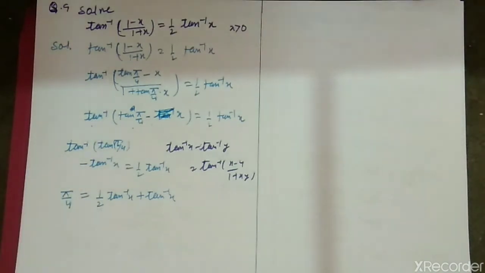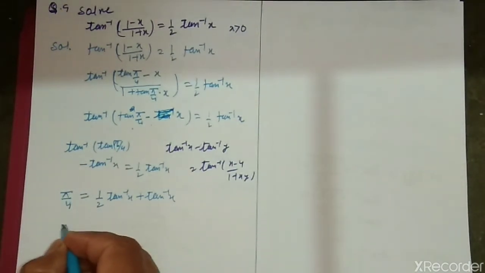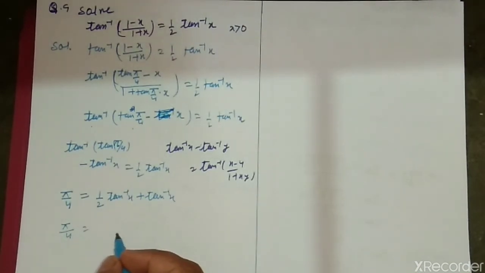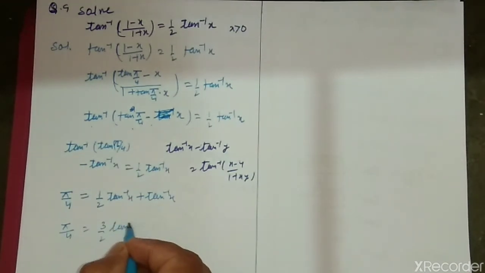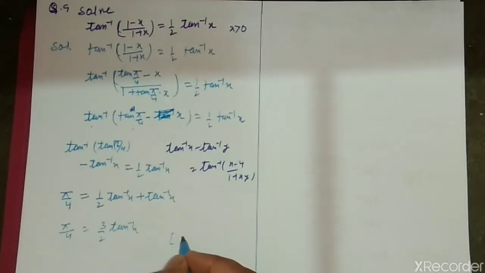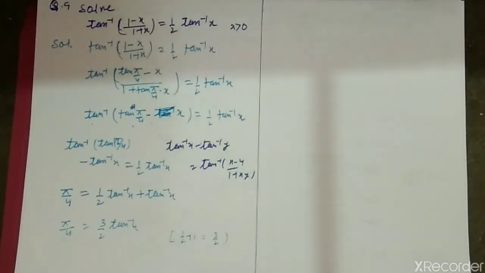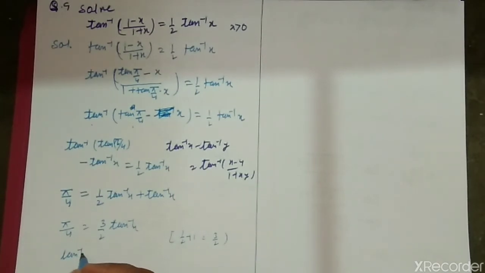क्लियर है। देखिए, so pi by 4 is equal to, so we can solve this, we will get 3/2 tan inverse x, कैसे, 1/2 plus 1 is equal to 3/2, ठीक है। ओके, नाउ tan inverse x is equal to, cross multiply, pi by 4 into 2/3, clear.